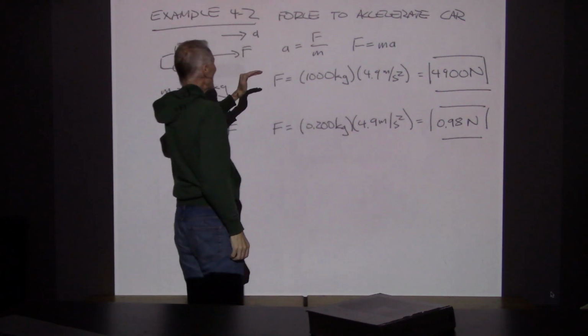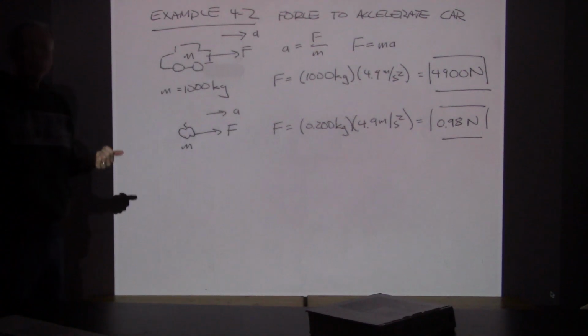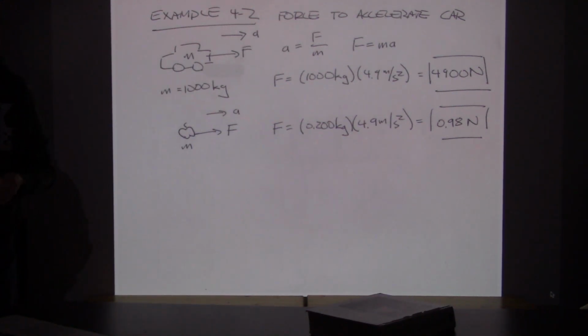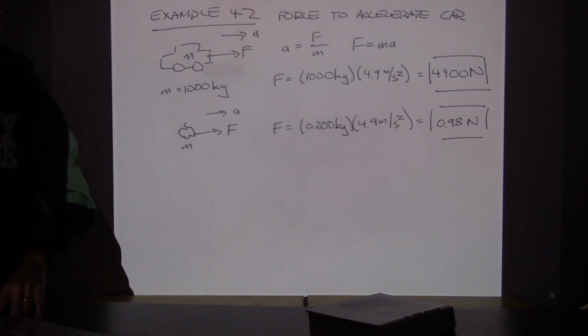Now, the first and second law are both in that formula. The first law says if there are no forces, then there's no acceleration. The second law says the acceleration is determined by adding together all the forces and dividing by the mass. So first and second law.